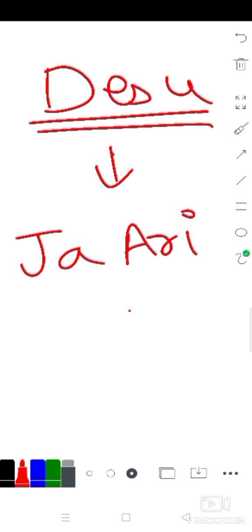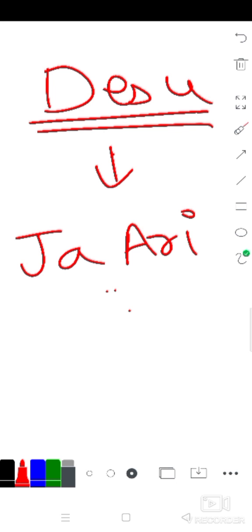When I say it is the opposite, what I am trying to say is that you complete the sentence on a positive note, so we use desu, like Tripti is teacher, Manisha is student. Every sentence is completing on a positive note. But when you are not completing your sentence on a positive note, we say ja arimasen.